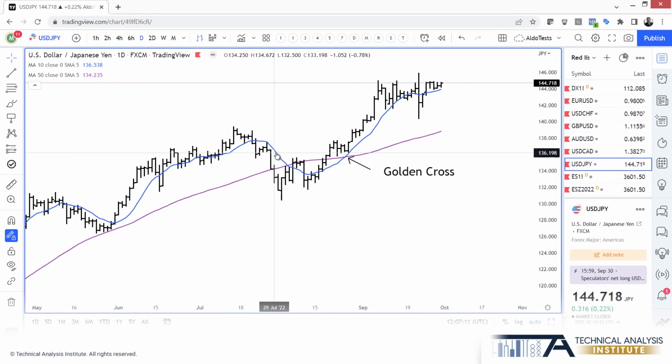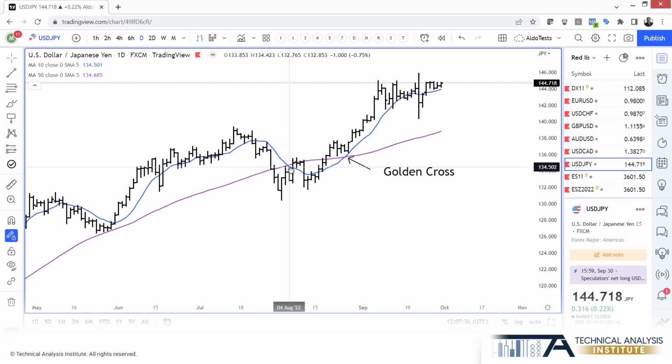You can see that the shorter moving average crosses down the larger moving average and produces a sort of an X. That X should remind you, never ever take double crosses when the slow moving average is pointing in the opposite direction, as you can see right here.